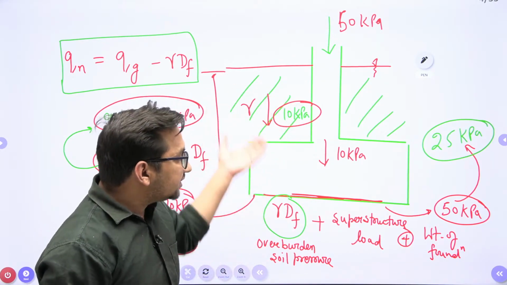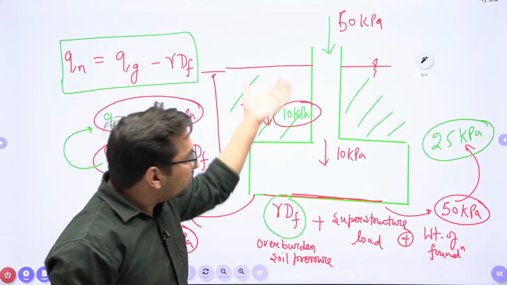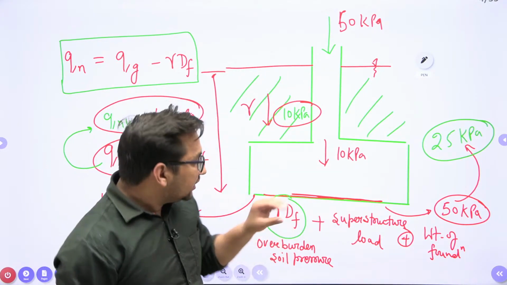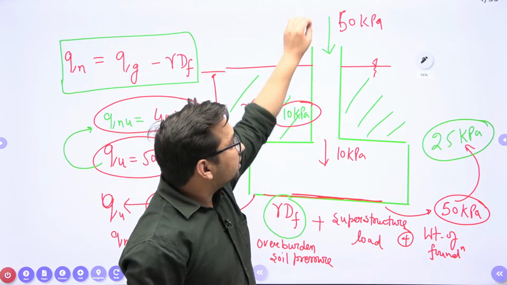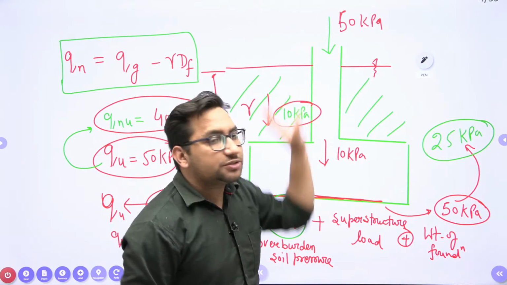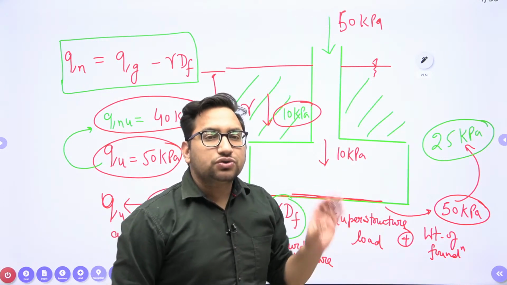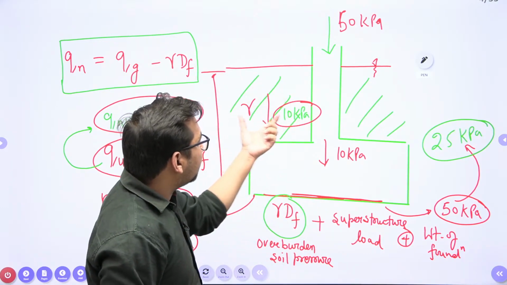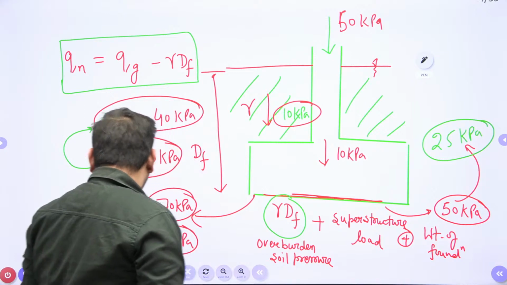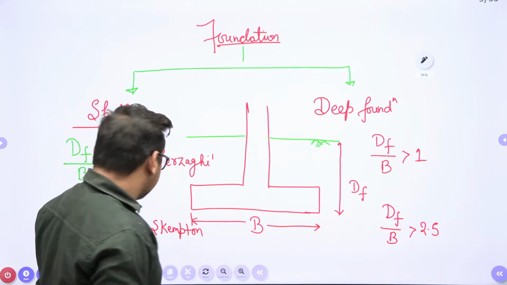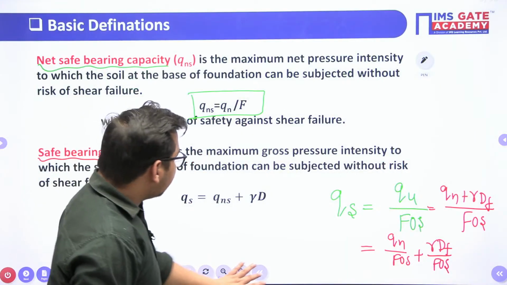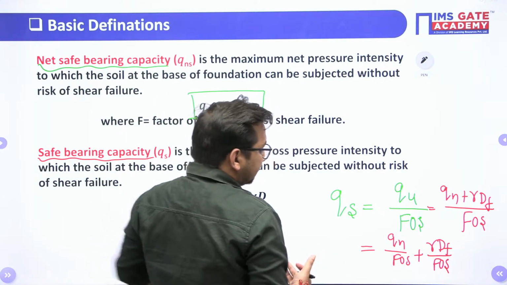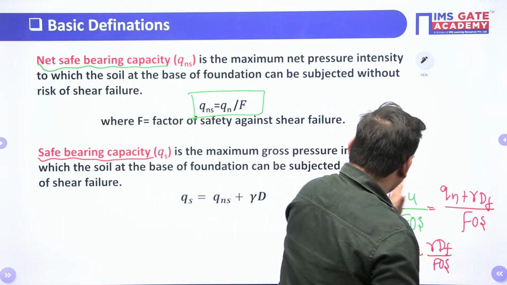This stress value was acting even before there was any construction. You can only change the weight of the foundation, or the load which you are applying over this foundation, right? So we don't want the factor of safety to be applied on the weight of the soil. For that, we first calculate the net safe bearing capacity and then we separately add the weight of soil above the foundation.